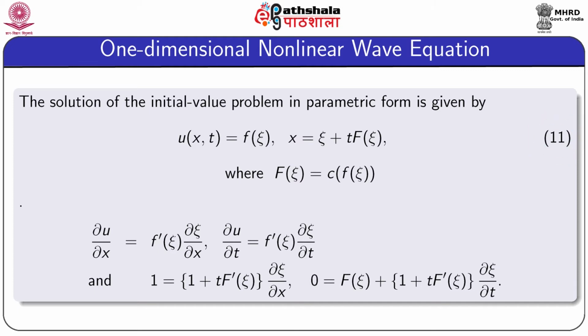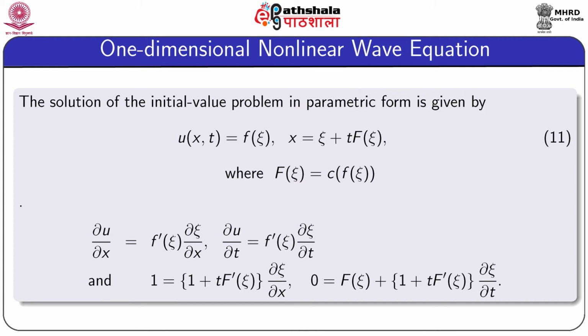Now, to verify this, we take the derivative of u with respect to both x and t, we get del u del x equals f dash xi into del xi del x, and differentiation with respect to t gives del u del t equals f dash xi into del xi del t, and the second equation we again differentiate with respect to x and t separately.